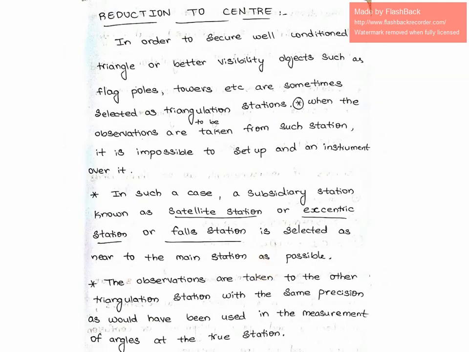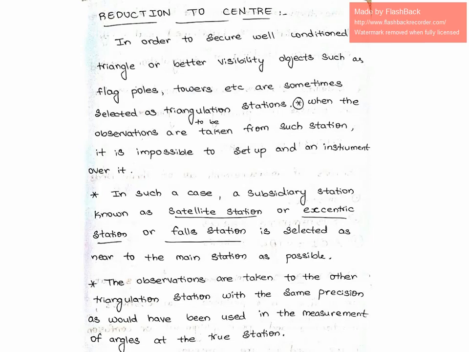Next is reduction to center. Just now I told you, in some cases the towers and signals are themselves considered as the stations. So what happens when you consider the signals and towers as the triangulation stations? You can't set up the instrument on that tower or signal and take the readings.